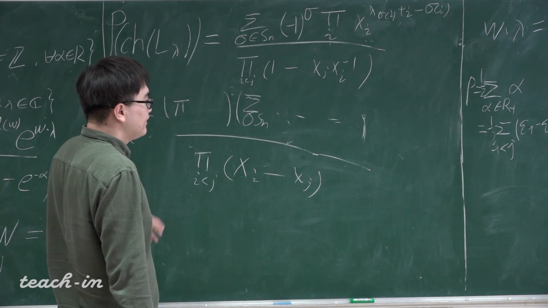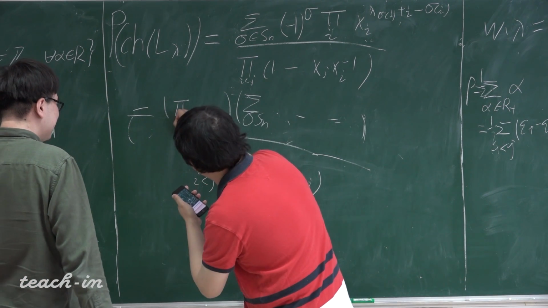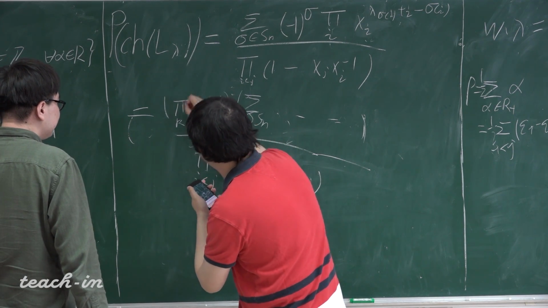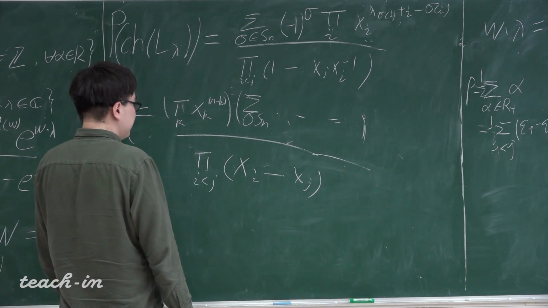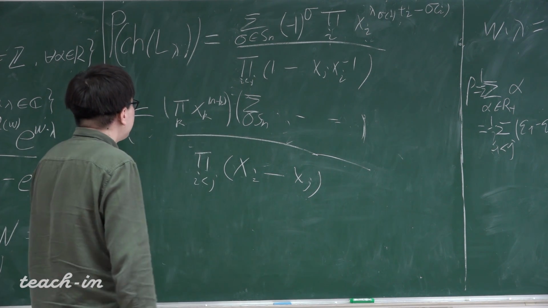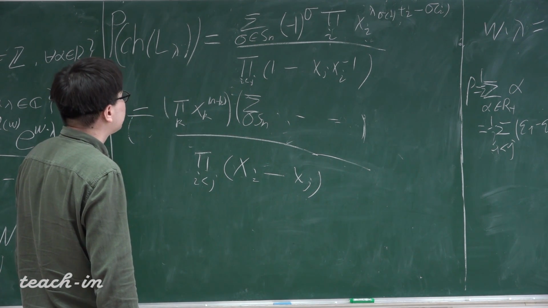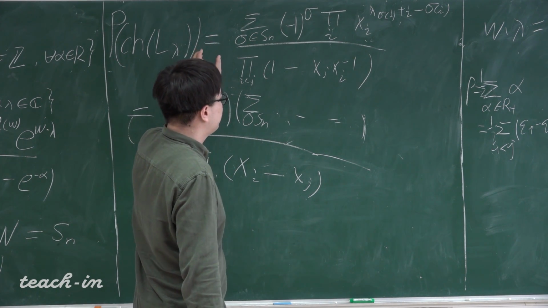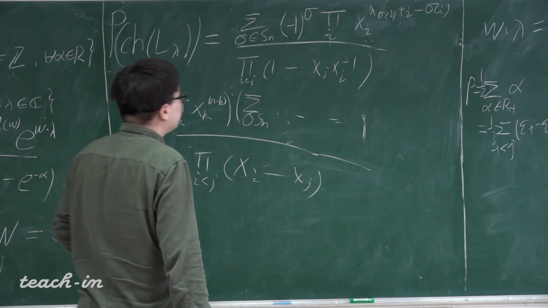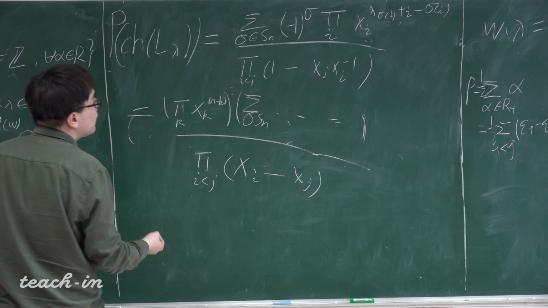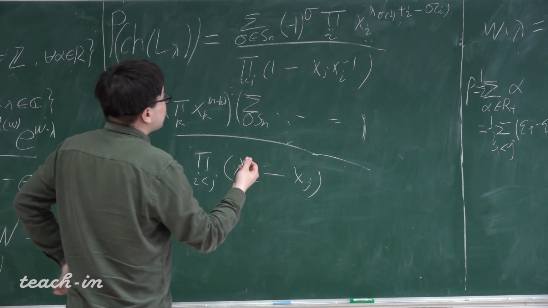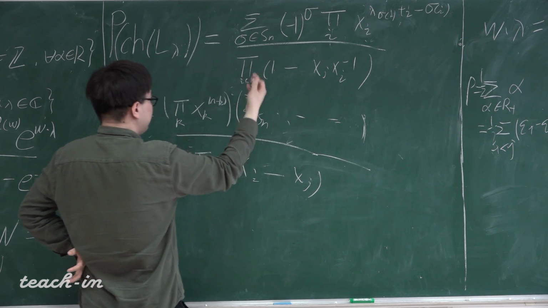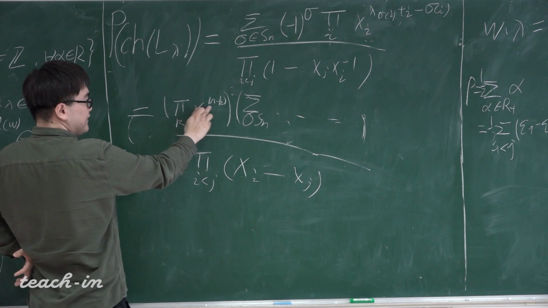Let me remind you of the formula. We wrote the formula yesterday. Here this is k, and this is xk, n minus k. We have a minus k here because of how many xi I should multiply here. We should count it: how many j's are bigger than i, so n minus i.